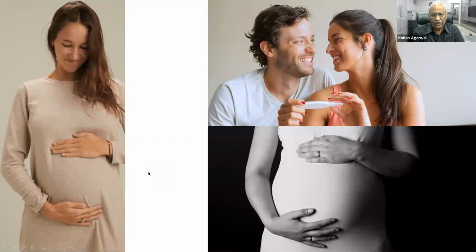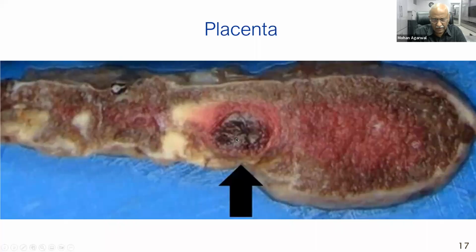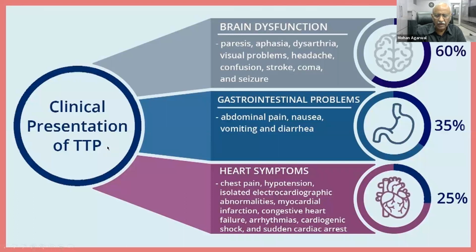This is an entity which can often affect young women during pregnancy, and therefore there could be placental infarcts leading to fetal wastage. The clinical presentation in these 3 organs could be quite subtle, like confusion, or just abdominal pain and nausea, or just some kind of ECG abnormalities.